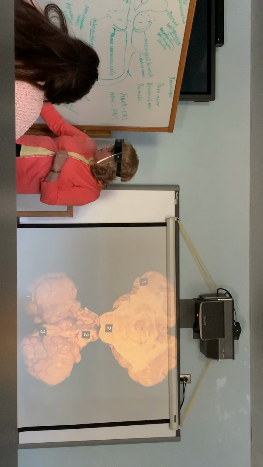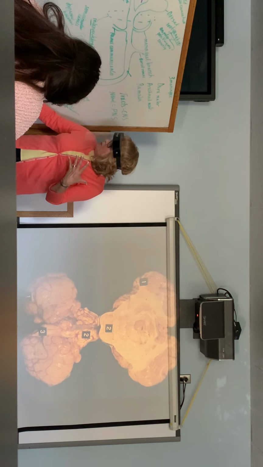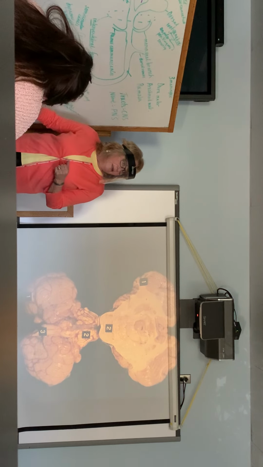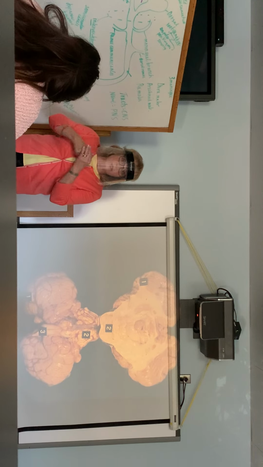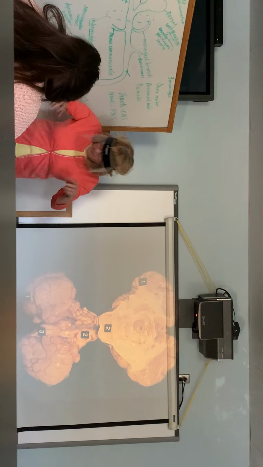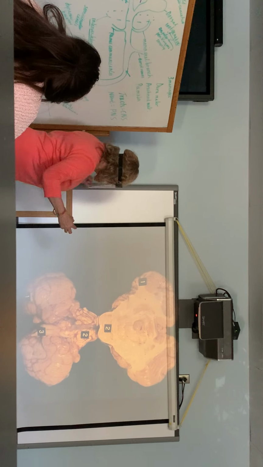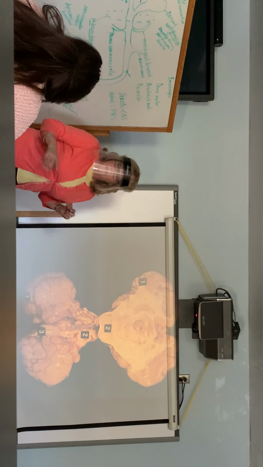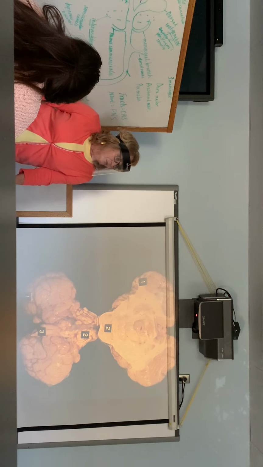So these two give us static equilibrium. This one gives us dynamic equilibrium, so when we're spinning. So we're either going forward or backwards, this way, that way, or this way. Does that make sense? To give us all three axes of movement.